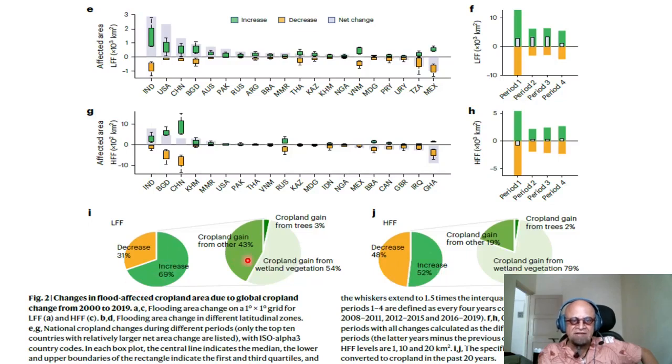So cropland gain from other is 43%, then cropland gain from trees, and cropland gain from wetland and vegetation. So there are land use changes, and which kind of land gets converted can also affect the low frequency and high frequency floods. So cropland gain from trees and from wetland and vegetation, for HFF and for LFF.